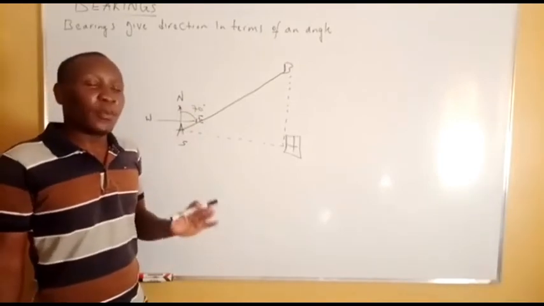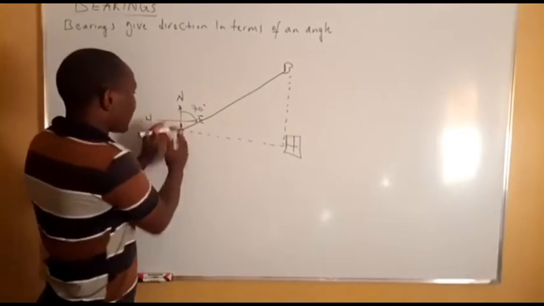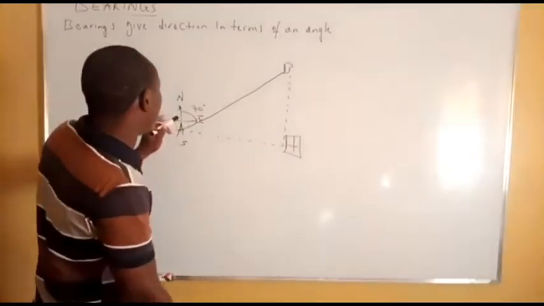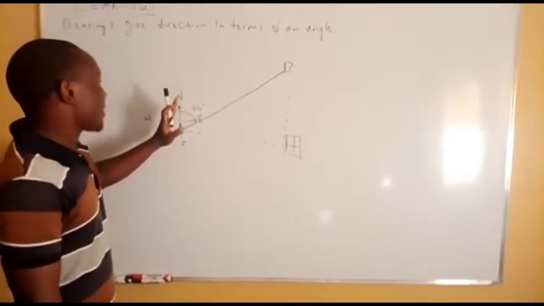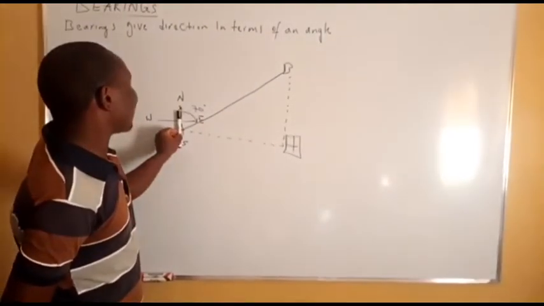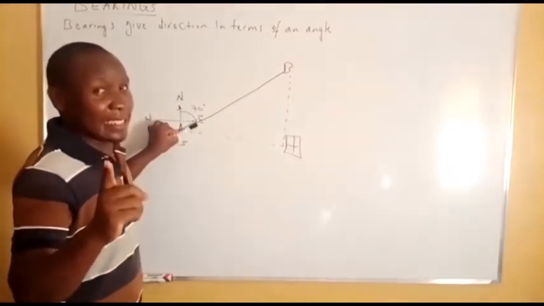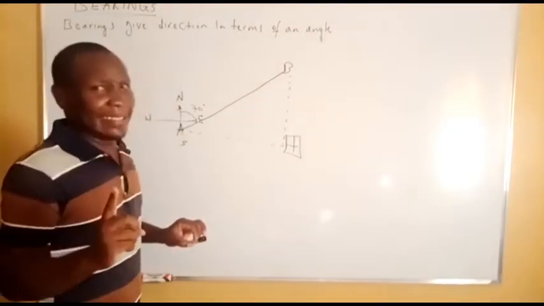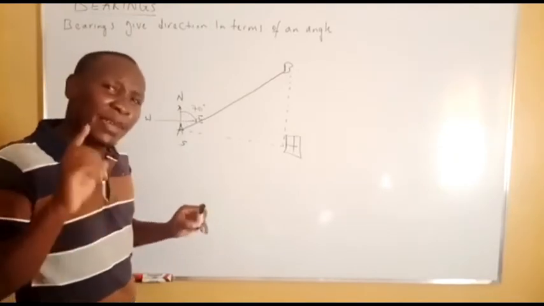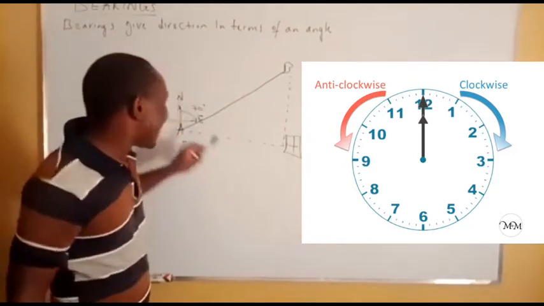This means we can give John the directions to town B using this angle. John stands at A and faces the north. Then John turns 70 degrees in that direction. Now, this is very important: bearings are always measured from the true north in the clockwise direction.